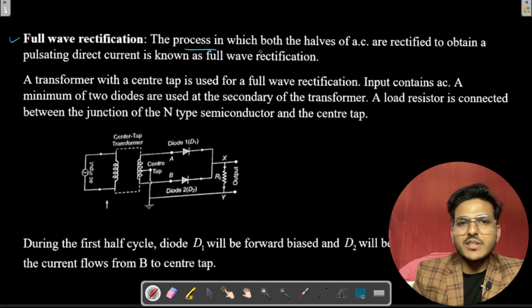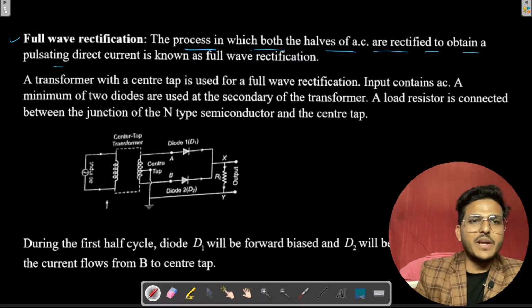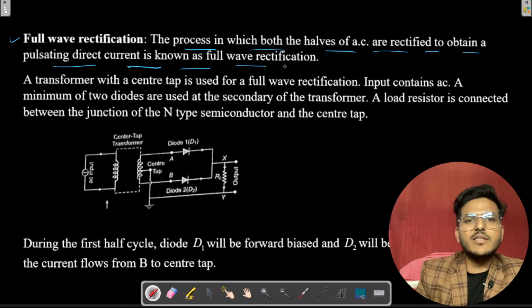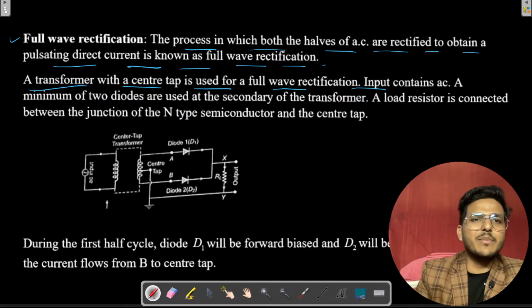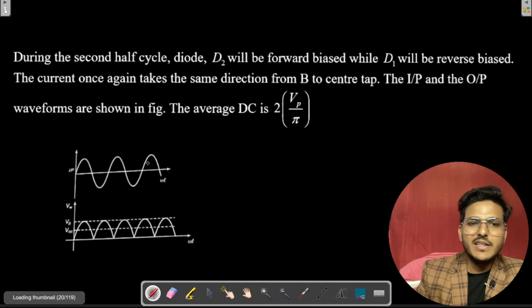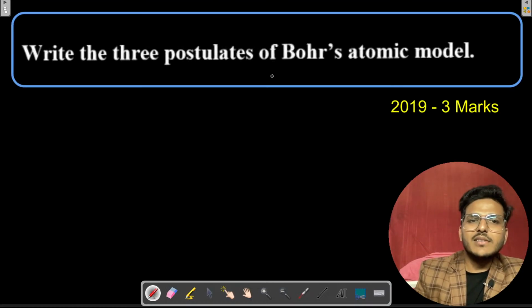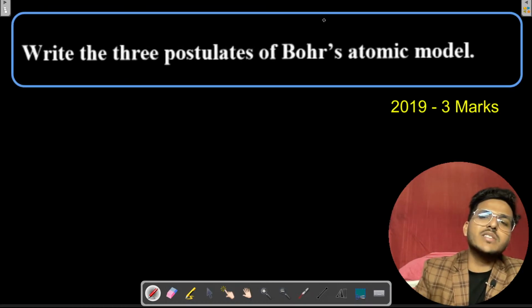That is the process in which both halves of AC are rectified to obtain a pulsating direct current, known as full wave rectification. A transformer with a centre tap is used for full wave rectification and the working is the same as we discussed, right? This one is the input and output characteristic.